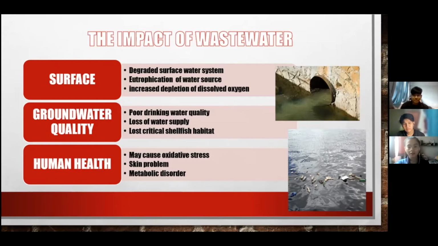oxidative stress stands for an imbalance between free radicals and antioxidants in the human body. When there are more free radicals present than can be kept in balance by antioxidants, the free radicals can start doing damage to fatty tissue, DNA, and proteins in our body.